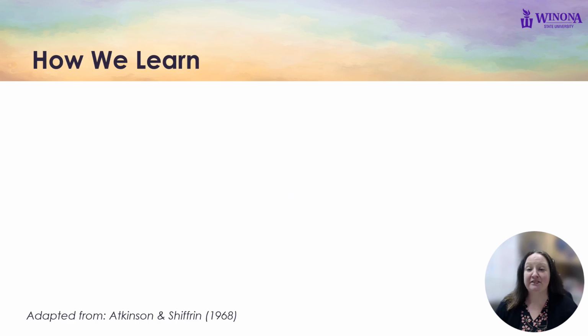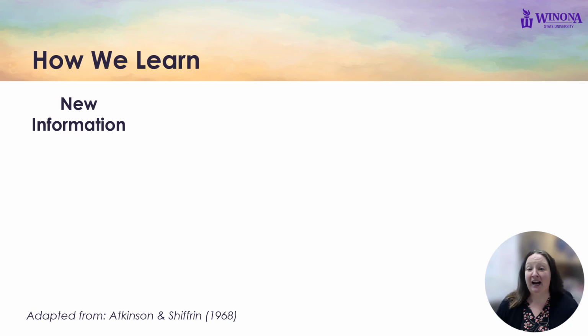So let's start by thinking about how we learn. This may be a review, but probably a good review for all educators. This graphic I'm going to show you was adapted. You can see the site at the bottom. Let's start with how we get new information. This is happening around us all of the time.